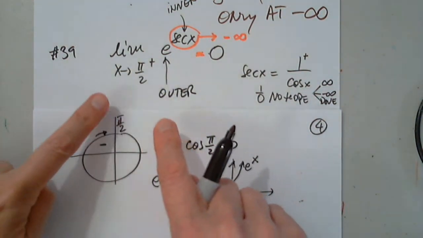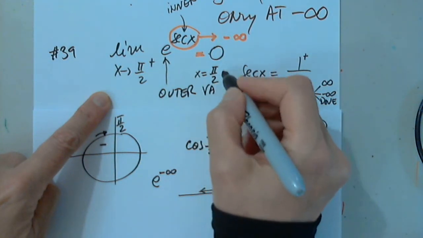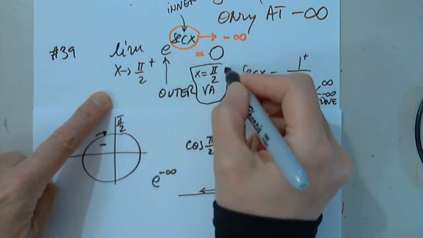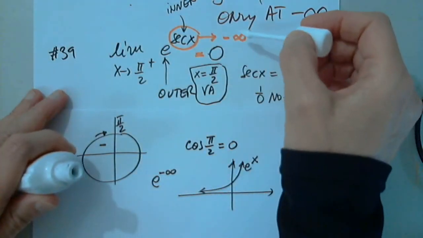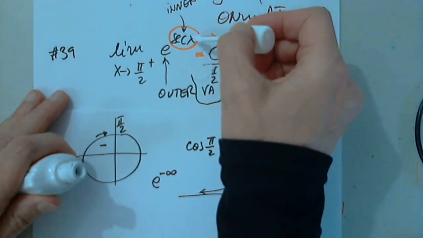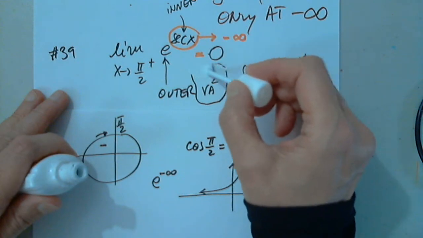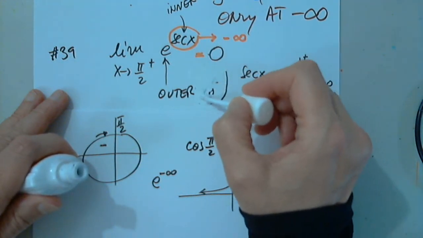So for this function, x equals pi over 2 is a vertical asymptote. Sorry, I don't know why I wrote that. I was just thinking. It's not infinity. Infinity is over there, not here. There is indeed a vertical asymptote for that, but not for the function we are looking at.